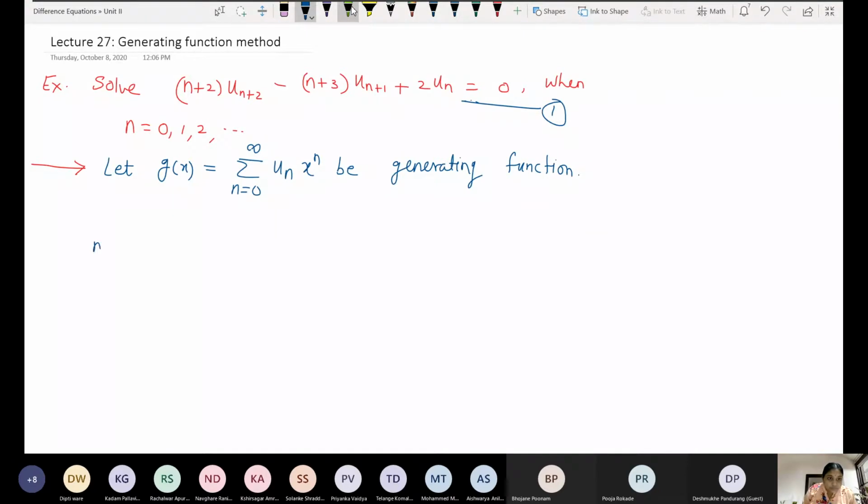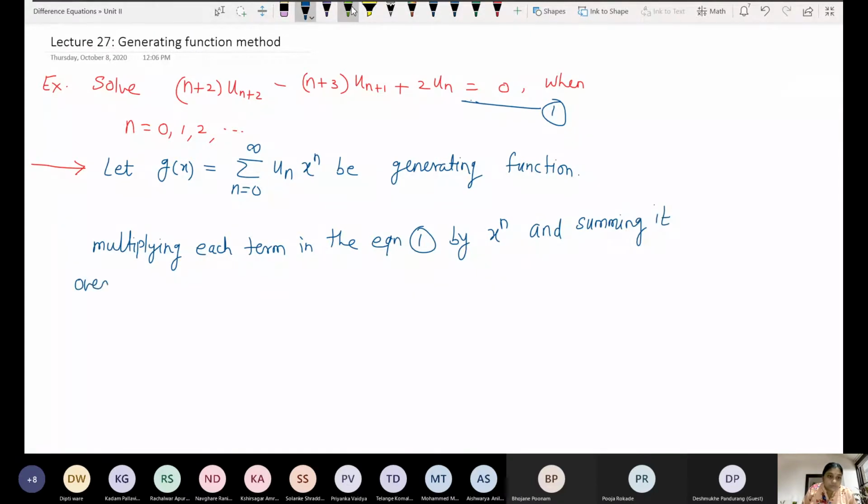Multiplying each term in the difference equation in the equation 1 by x raised to n and summing over 0 to infinity, we get summation n is equal to 0 to infinity n plus 2 un plus 2 x raised to n.